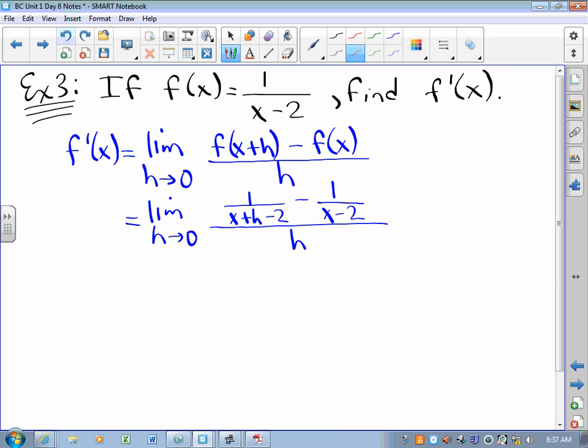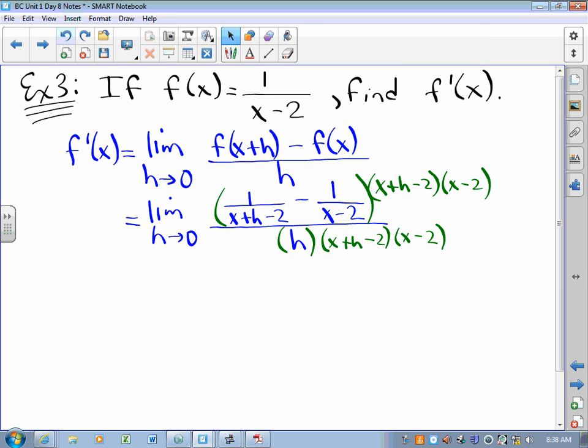And the way we usually deal with that is we multiply everybody by the common denominator. And the common denominator here is x plus h minus 2 times x minus 2. Everybody gets multiplied by that.